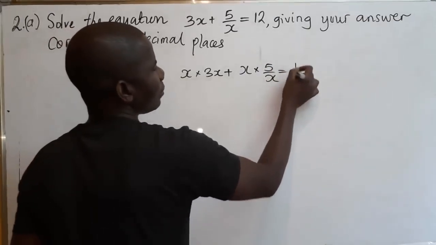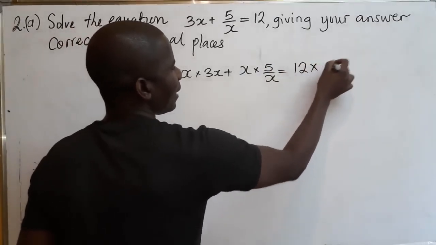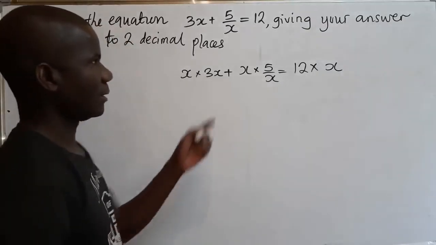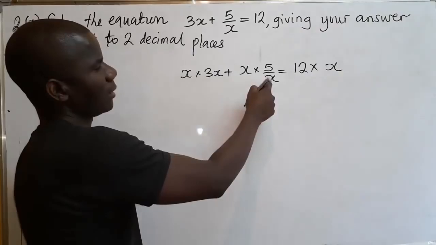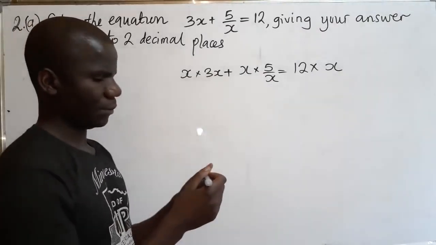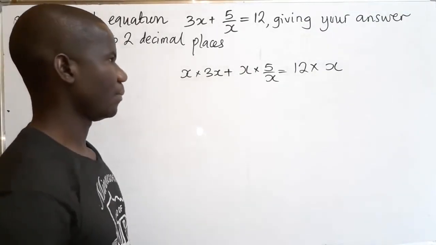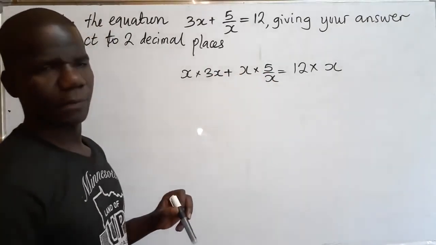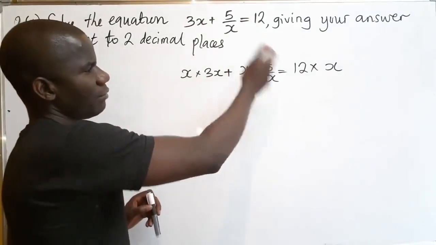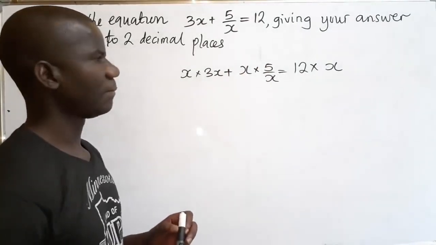This is equals to 12 multiplied by x. So the idea is that we want to get rid of this x here, so that this x and this one can cancel each other. In other words, we say x divided by x, we get 1. 1 multiplied by 5, it will be 5. So take note of that.